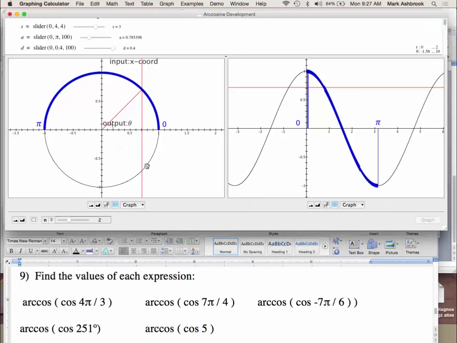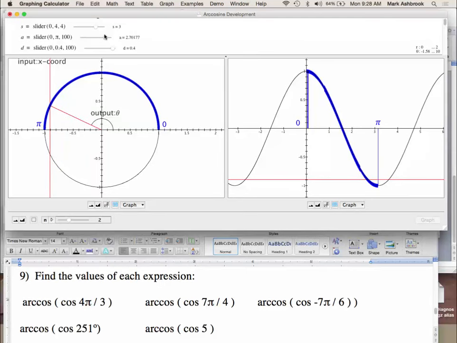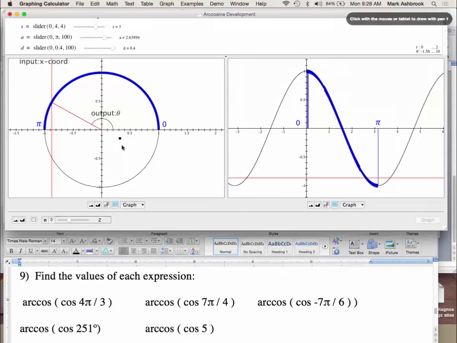No, it's further. 7 is greater than 6. Negative 7 pi over 6 is going to be a little bit further than 6 pi over 6. It's going to be like this. That's negative 7 pi over 6.